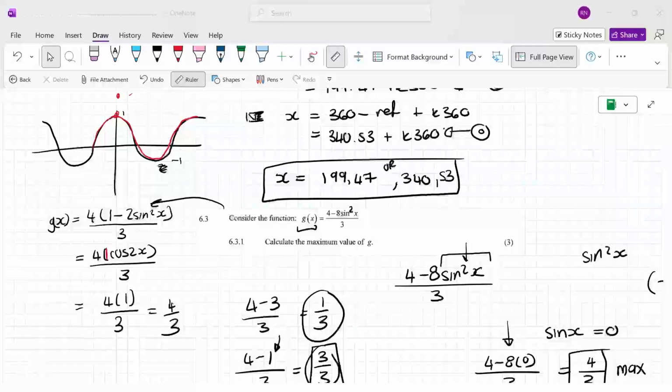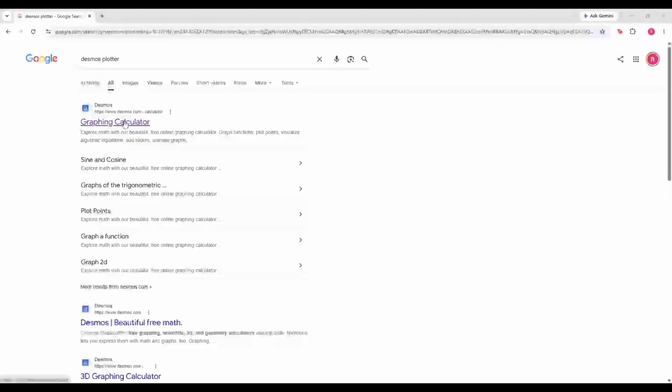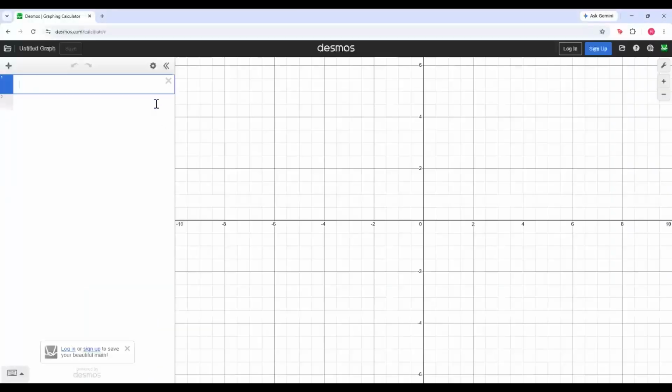It's called Desmos. There's this place where you can plot graphs, right? You can put in a function, like I want to see what this function looks like.